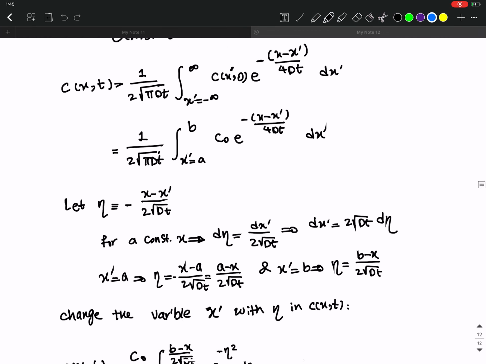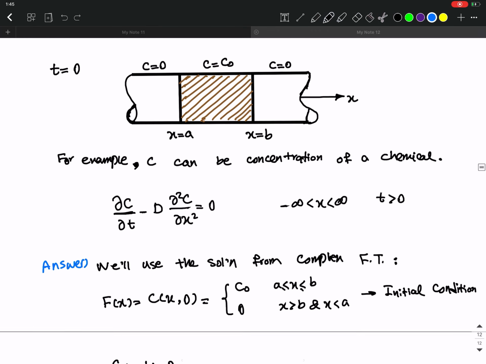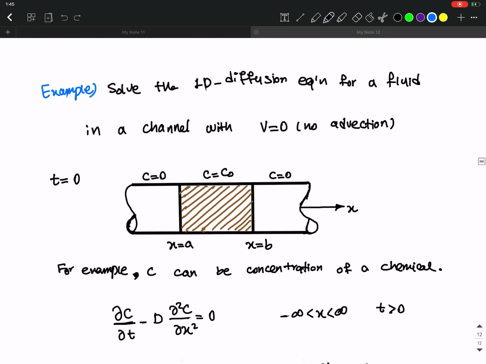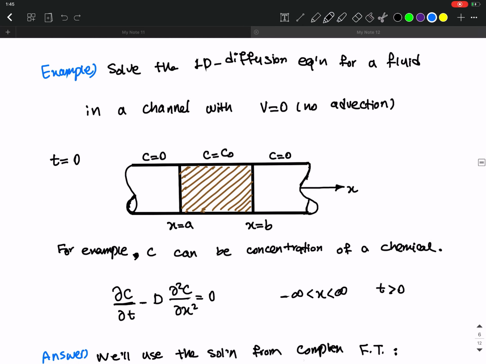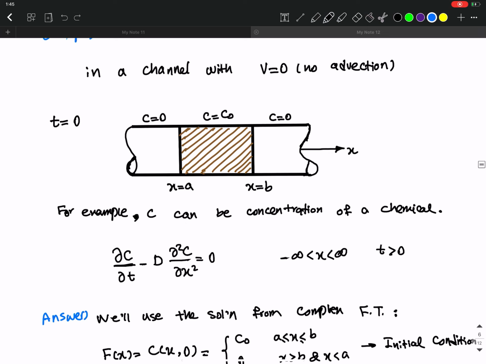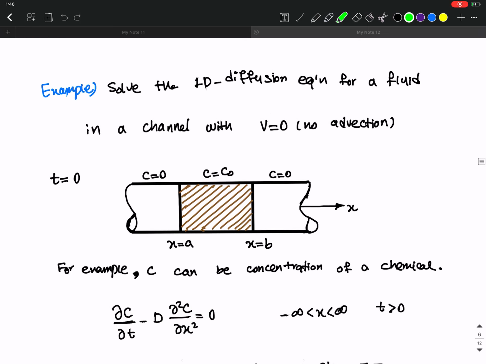So let me just wrap up what we learned in this lecture. We started solving two examples. One was the 1D diffusion equation, where we had a fluid in a channel with V equals 0 without any advection, and with some initial conditions.